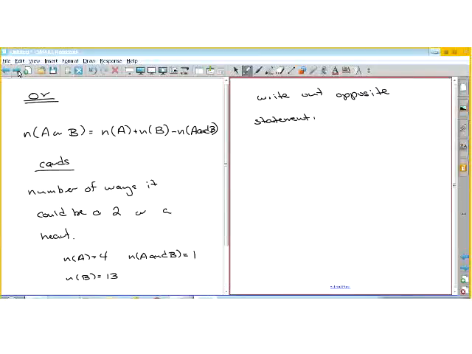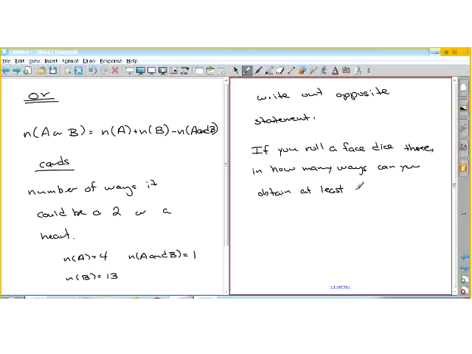So if I said, what's the opposite of the statement, if you roll a fair dice 3 times, in how many ways can you obtain at least one head?